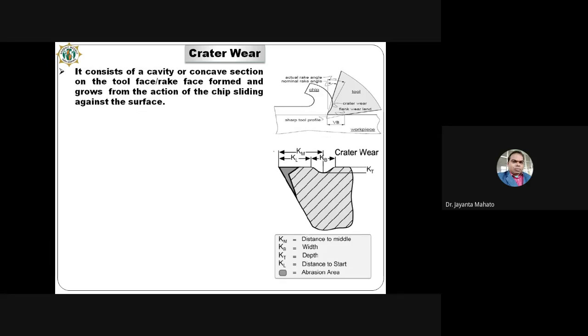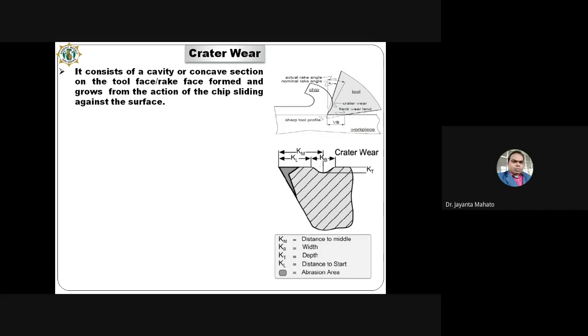Crater wear consists of a cavity or concave section on the tool face or rake face, formed and grown from the section of the chip sliding against the surface. What happens is that chips are removed from the workpiece and at that time contact the rake surface.